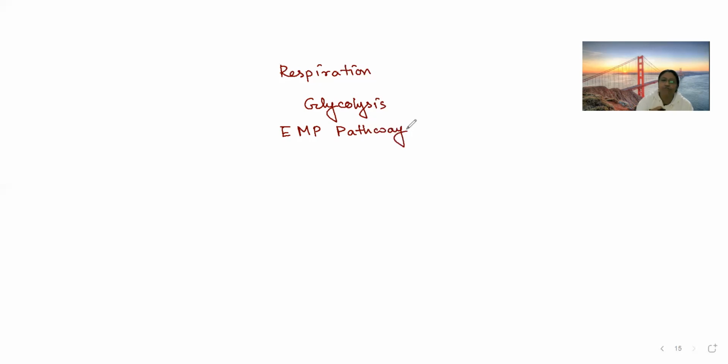On the basis of the names of three scientists who discovered it by using radioactive technique. Names of these scientists were Embden, Meyerhof, and Parnas. So in glycolysis, basically what happens is glucose is converted into pyruvic acid.